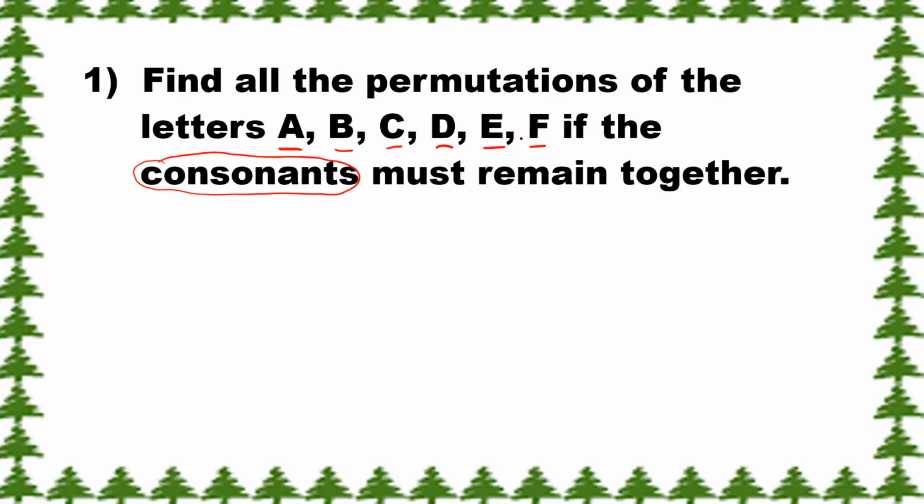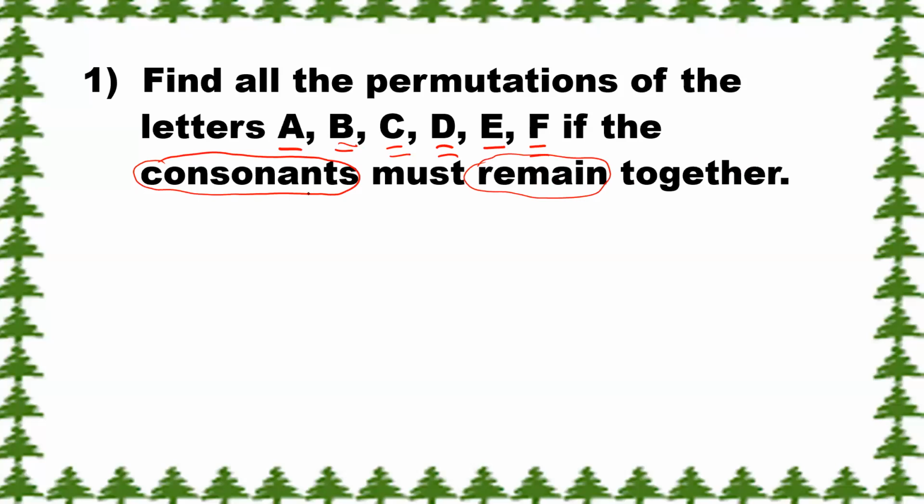So when we say consonant, it's B, C, D, F. And when we say vowels, it's A and E. So here in the problem, ang binabanggit, dapat daw si B, si C, D, at saka si F, they must remain together. And that's the condition, right? The consonants must remain together.